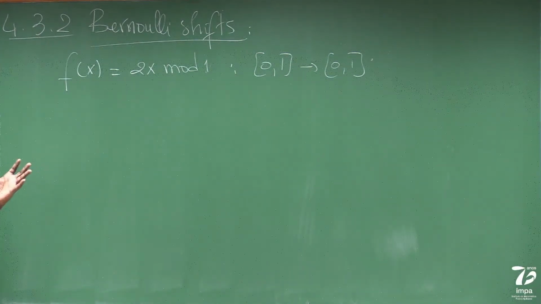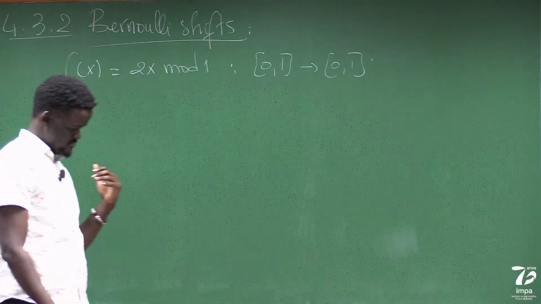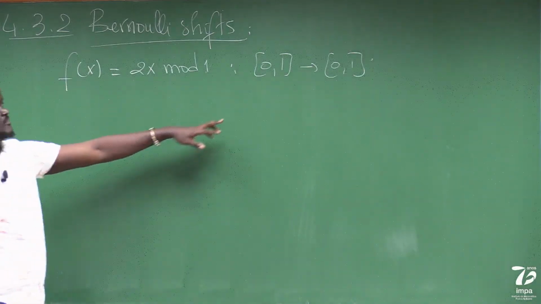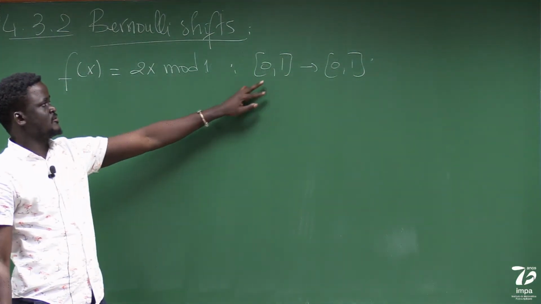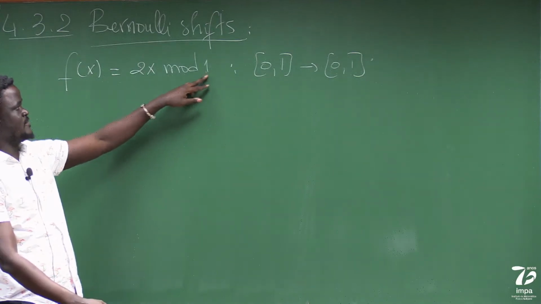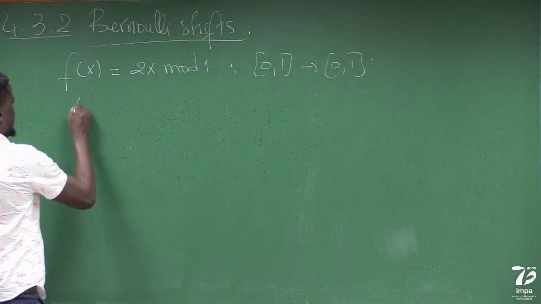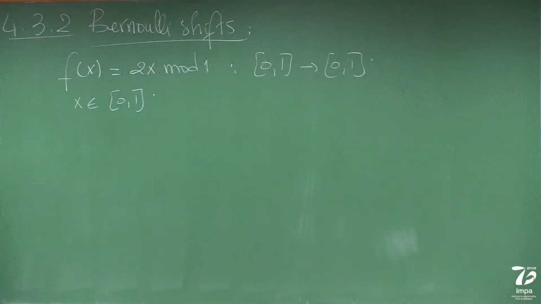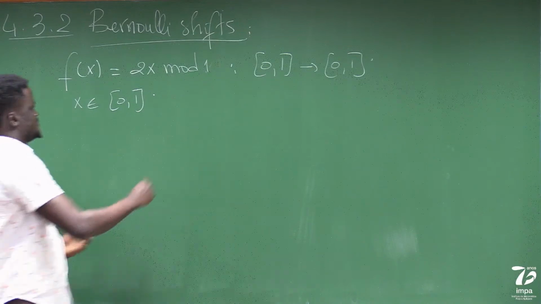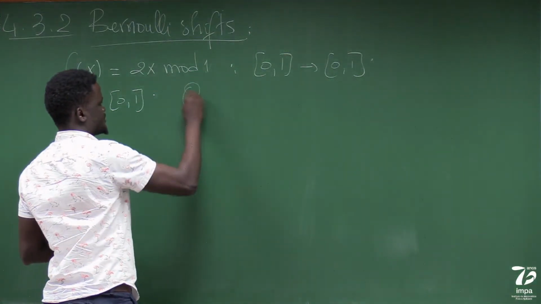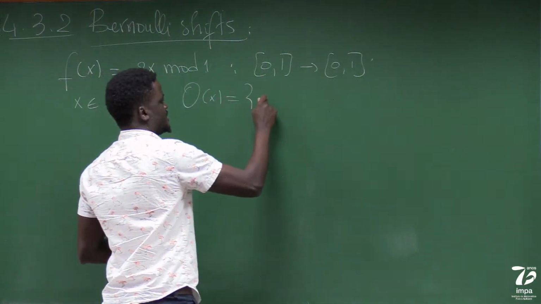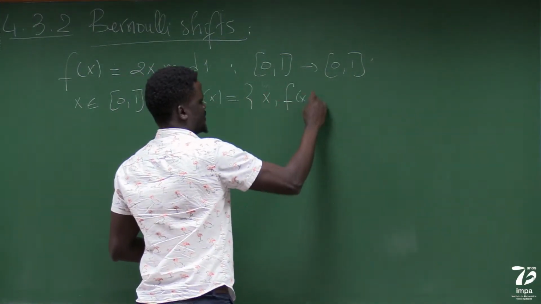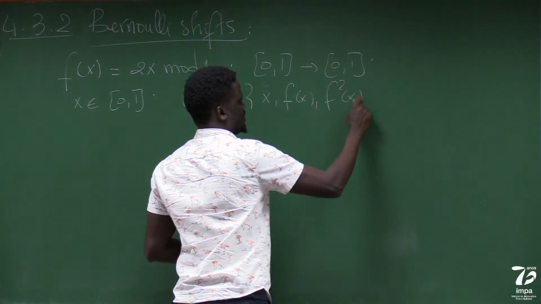So if you have this dynamics, you can try to associate to each point in the interval a sequence that has information about the orbit. So given x in [0,1], you have the orbit of x, that is f(x), f squared of x, and so on.